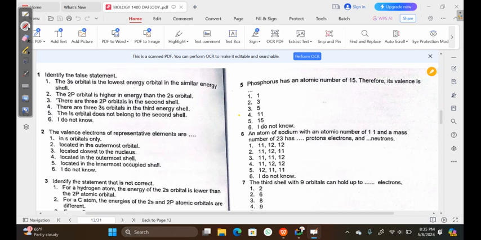Yes. Yeah, that's true. Then 3 is saying there are 3 2p orbitals in the second shell. True or false? There are 3 2p orbitals in the second shell.